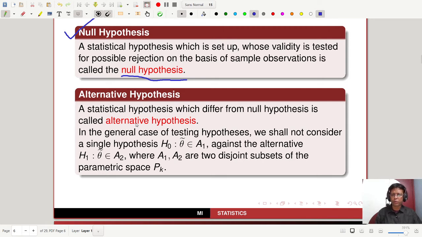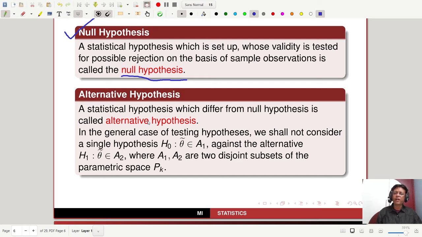The alternative hypothesis is not tested, but its acceptance or rejection depends on the acceptance or rejection of the null hypothesis. If we reject the null hypothesis on the basis of some observation, then we accept the alternative hypothesis.